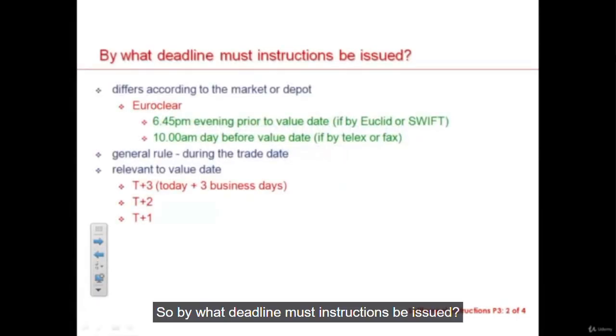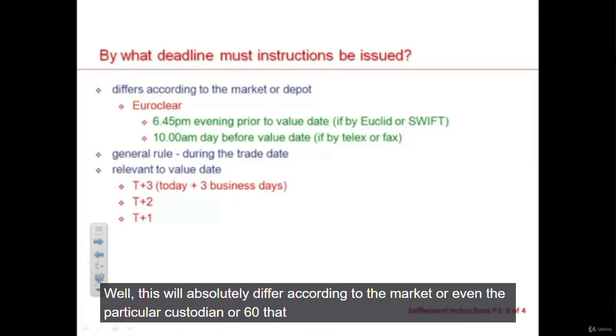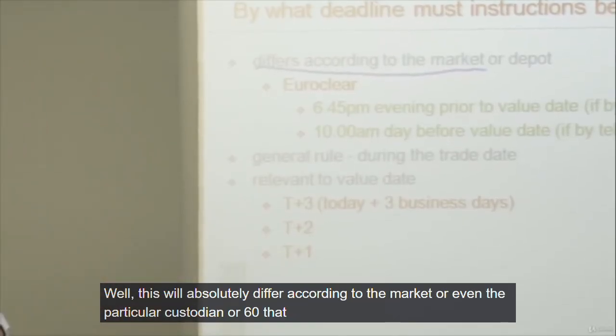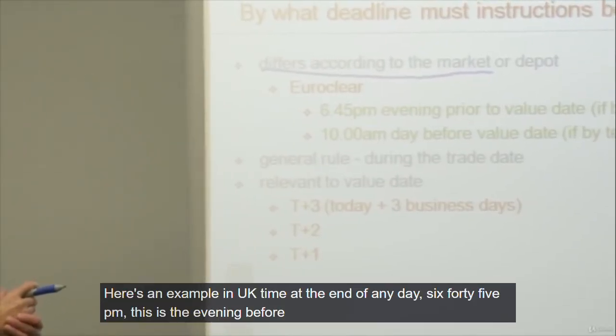So by what deadline must instructions be issued? Well, this will absolutely differ according to the market or even the particular custodian or CSD that you're using. Here's an example.